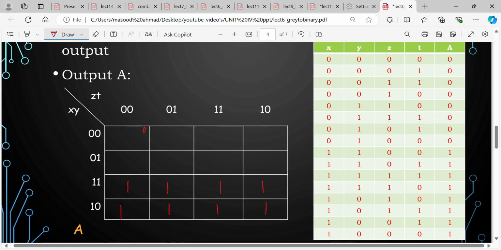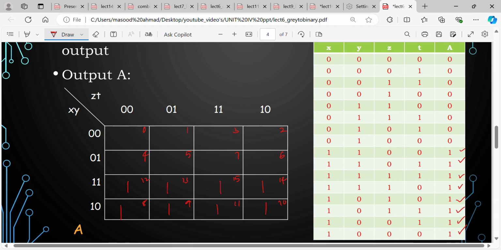This is 0, with z, t changing: 1, 3, 2, 4, 5, 7, 6, 8, 9, 11, 10, 12, 13, 15, 14. Okay, so this row is 12, 13, 15, 14, then 10, 11, 9, 8.